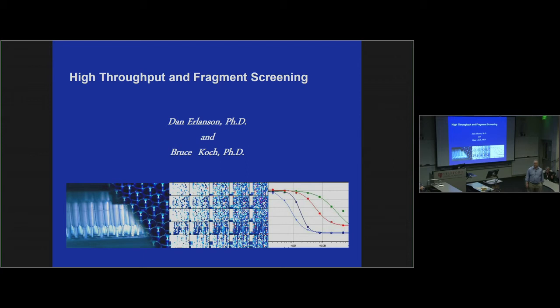If you have a crystal structure that has a compound bound to it, then you might at least think about doing computational-based screening as a first try. It can work great these days. 10 years ago, when I was in industry, it mostly didn't work so great, but I've heard enough now that it can really work great.